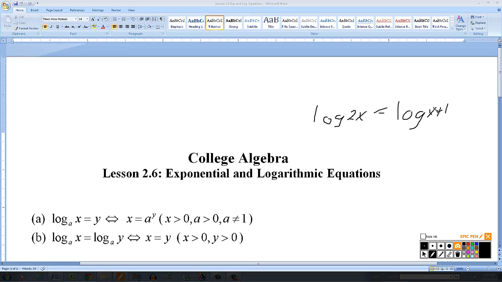And notice I didn't put a base on the logarithm, so it's understood to be base 10. But in this case it really doesn't matter, because what I have is the log of 2x to base 10 equal to the log of x plus 1 to base 10.